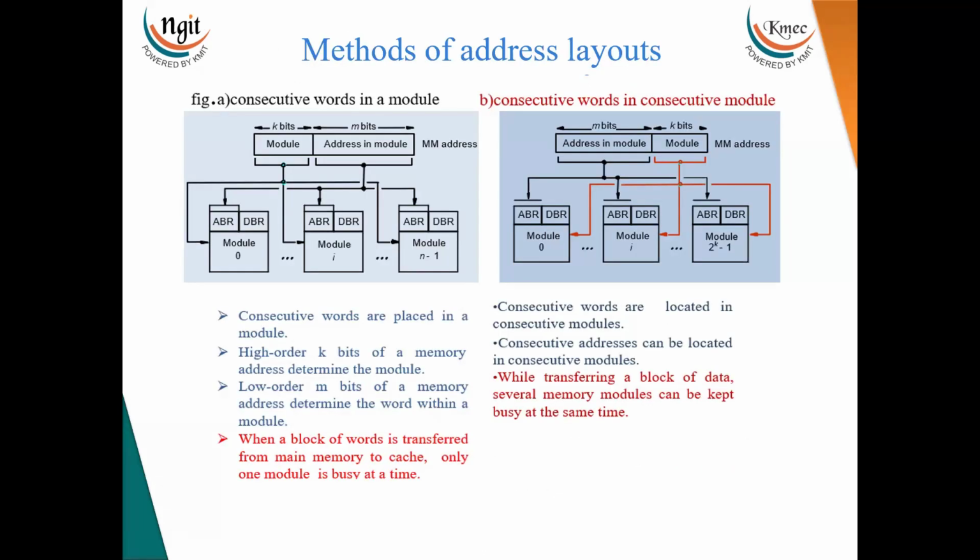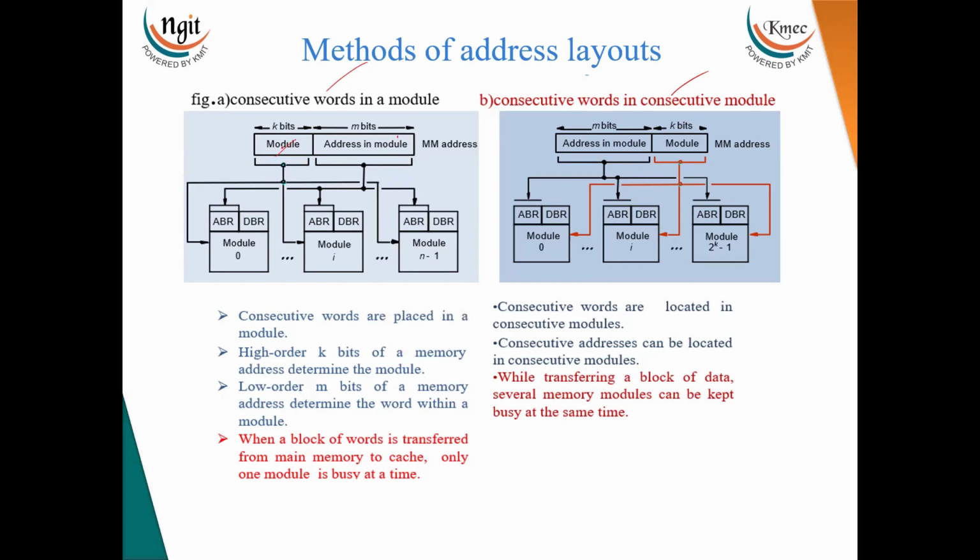Now two methods of address layout are given. One is consecutive words in a module. The other is consecutive words in consecutive modules. In the first, consecutive words are placed in a module. The higher order bits indicate the module and the lower order bits indicate the address, so there are two fields in the memory address.